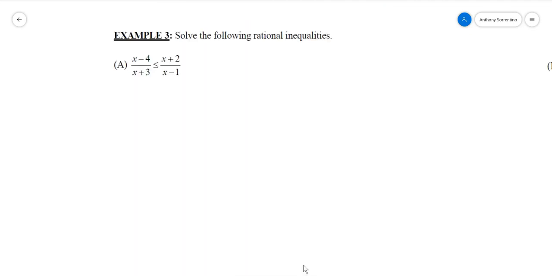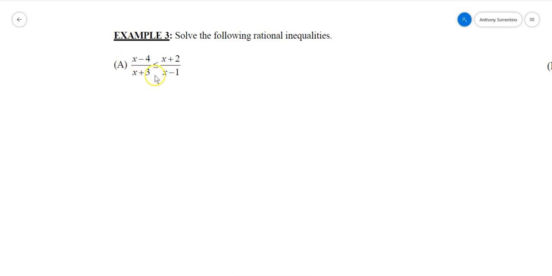With rational inequalities, one of the issues we often have to contend with is that I don't know what x is down here. I could pick a value of x that makes x plus 3 positive, or I could pick those and make it negative. One of the things we do when we solve these is cross multiply.